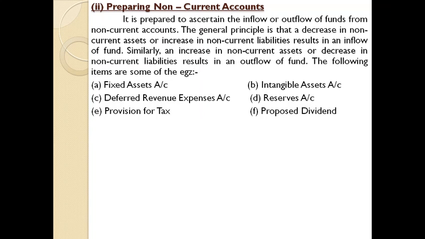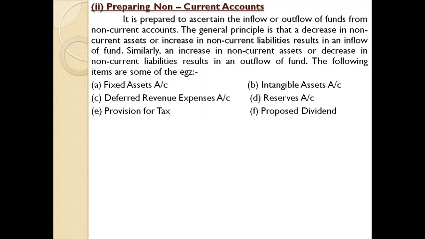Next item, provision for tax. Remember, provision for taxation and proposed dividend. Even though these two come under non-current accounts heading, they are peculiar items because the computation for these two is specific when compared to other non-current account items.